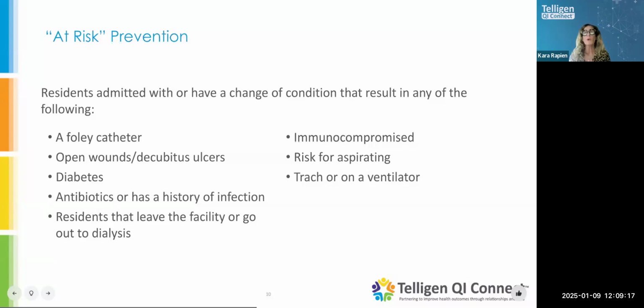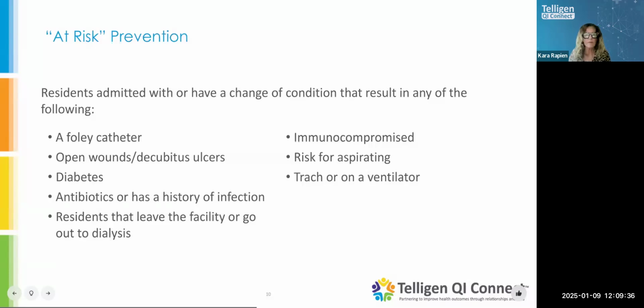Identifying those that maybe were admitted with a wound or they develop a wound, they are at high risk for infection. Those residents who are diabetics, maybe a resident was admitted on an antibiotic or they have a history of infection, you know that they're going to be at greater risk and they need to be identified as well.